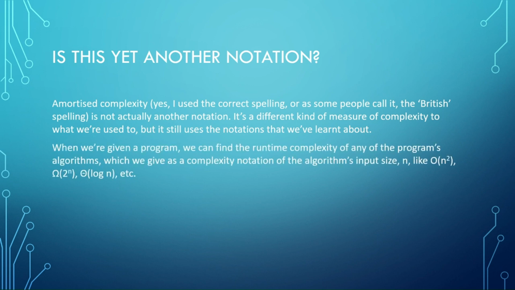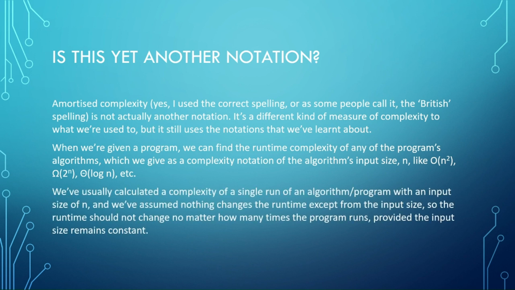So when we're given a program, we can find the runtime complexity of any of the program's algorithms, which we give as a complexity notation of the input size n. So big O n squared, omega 2 to the n, theta log n, etc. We've usually calculated the complexity of a single run of an algorithm or program with an input size of n, and we've assumed nothing changes the runtime except the input size.